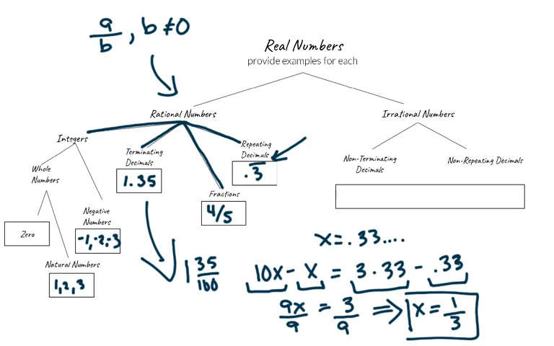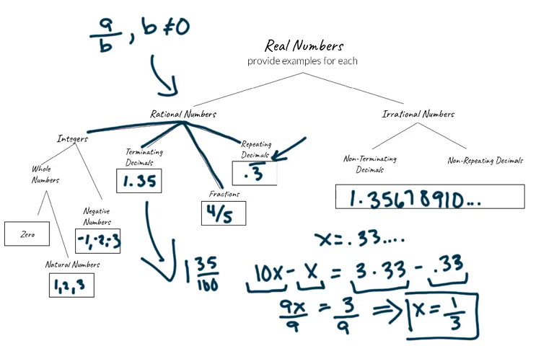The irrational numbers are those decimals that do not terminate and they do not have a pattern. So an example of that would be, let's say, 1.35678 on into infinity. This decimal does not terminate because it continues on into infinity, and there is no repeated pattern, okay?